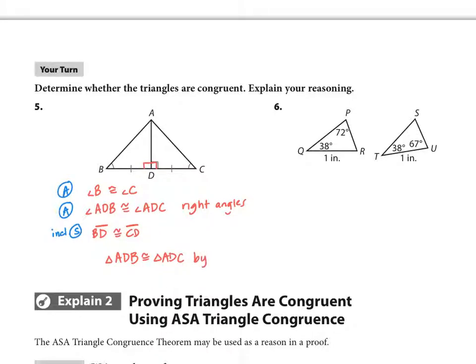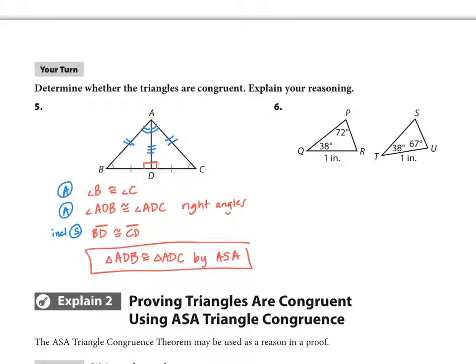And they are congruent by ASA. And remember what that means? It means that the other three parts have to be congruent. That means AB has to be congruent to AC. I should have used 2 marks there, then 3 marks here in the middle. This angle at vertex A has to be congruent to the other one, it has to be.